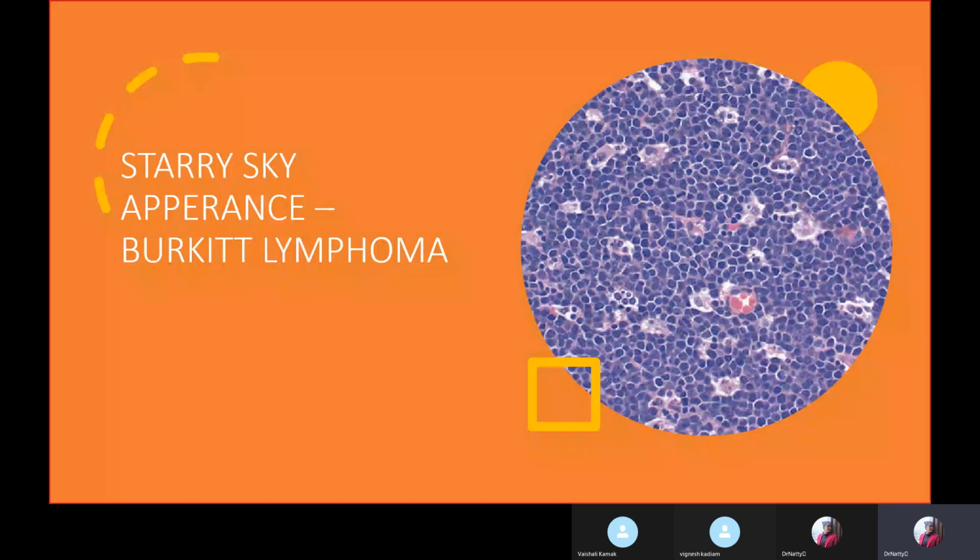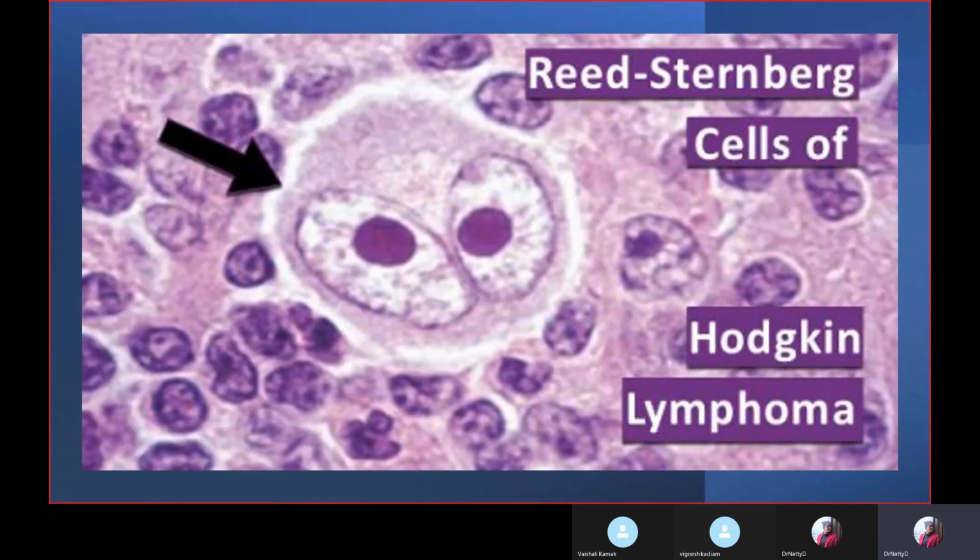Now, from an MCQ point of view, only these are the things which you should study from lymphoma. For Burkitt's lymphoma, there is a classical histopathological feature called the starry sky appearance. The cells are distributed as though there are stars in the sky. So the starry sky appearance is a classical feature for Burkitt lymphoma. Then for Hodgkin's lymphoma, the lymphocyte shows the eye of an owl.